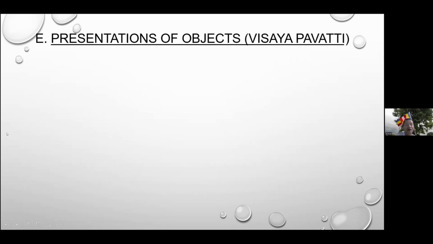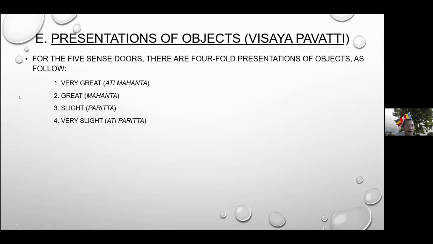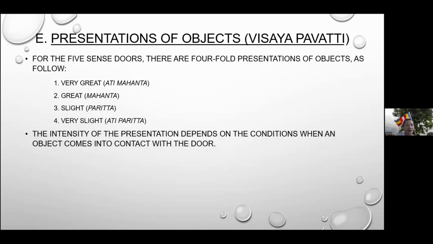So next, we look at the presentations of objects, that is the Visaya Bhavati. For the 5 sense doors, there are 4 presentations of objects as follows: Very great, Ati Mahanta, great Mahanta, slight Parita, and the 4th one is very slight, Ati Parita.